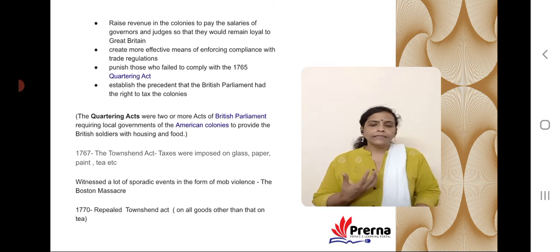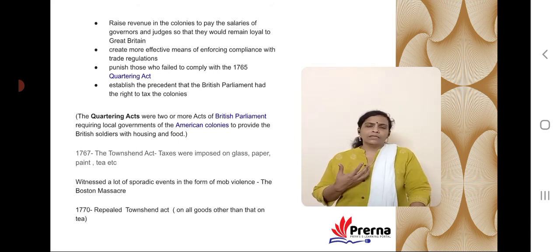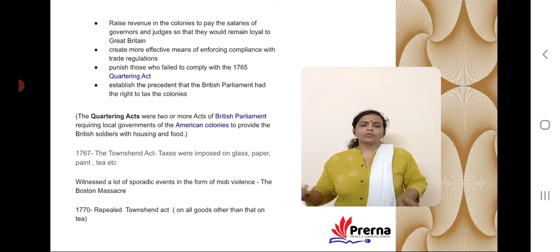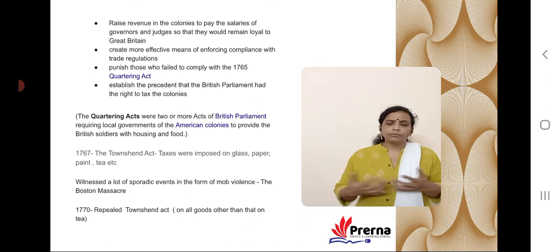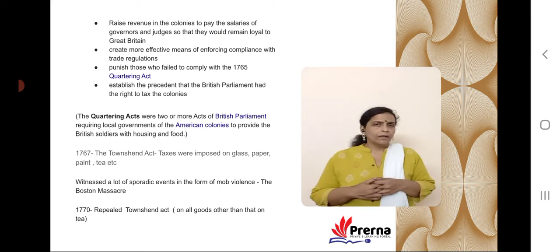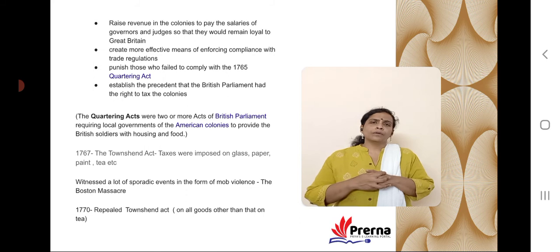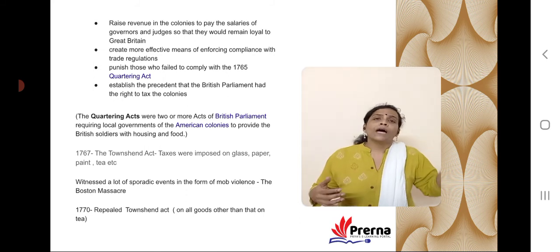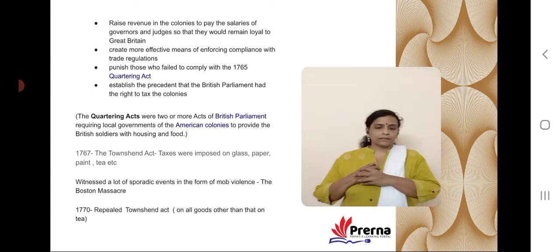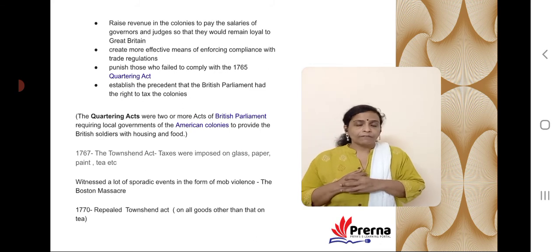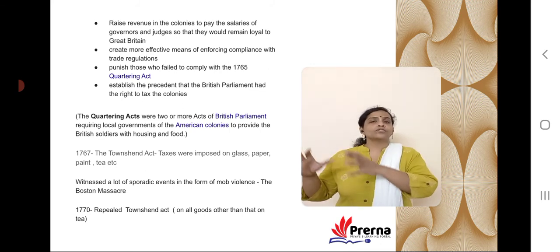Now they decided to oppose a lot of moves taken by Britain. But then Britain again was more aggressive. They came up with another act known as the Quartering Act. That was in 1765. Quartering means to station soldiers.